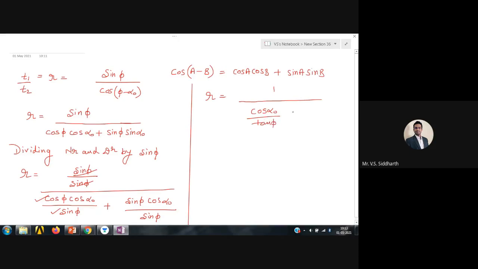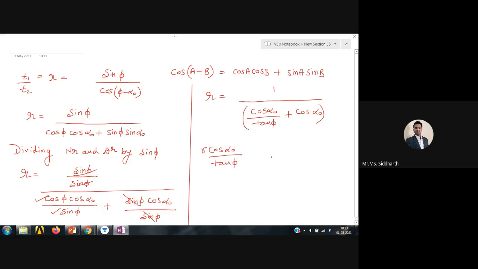Plus this sin phi and this sin phi will get cancelled, I will get sin alpha naught. I am taking this entire term to the left hand side.